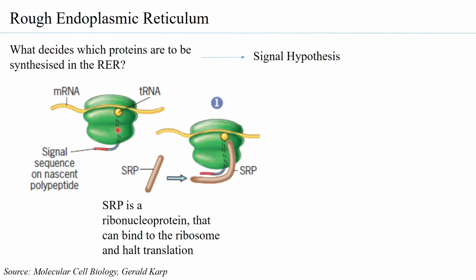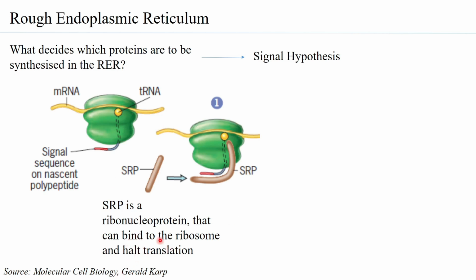All this while it has been translating, but the moment SRP comes and binds to the signal peptide and to the ribosome, the ribosome pauses its activity of translation. It does not carry out translation any longer. It has stopped, it has paused.